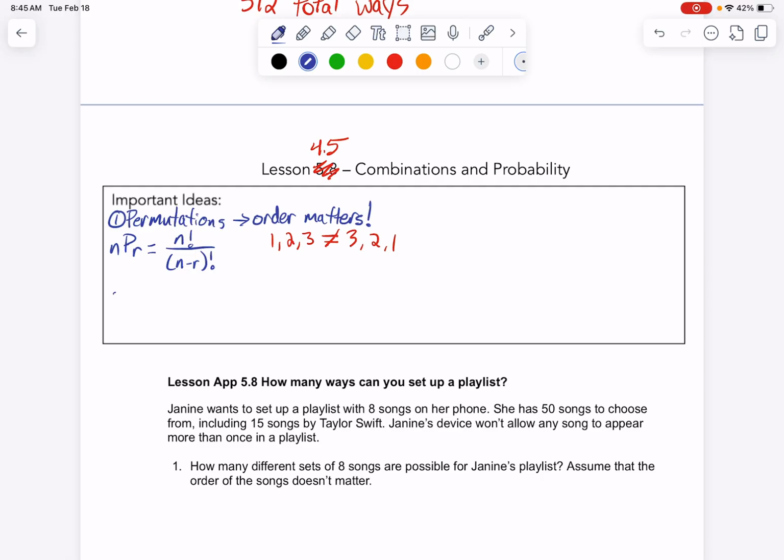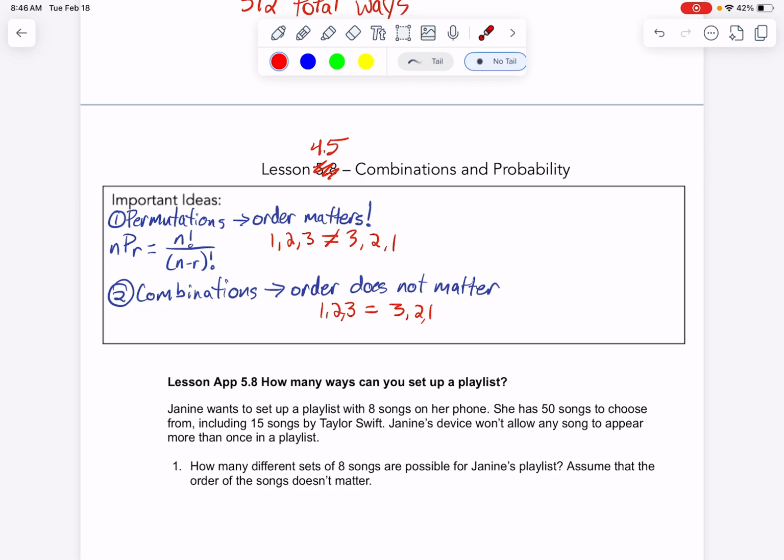Now the second thing, this is combinations. And with combinations, we just learned that the order does not matter. So a combination would look at 1, 2, 3 and 3, 2, 1 as the same thing, because each one has a single 1, a single 2, and a single 3. So this is the difference.